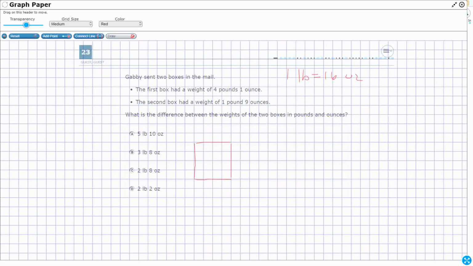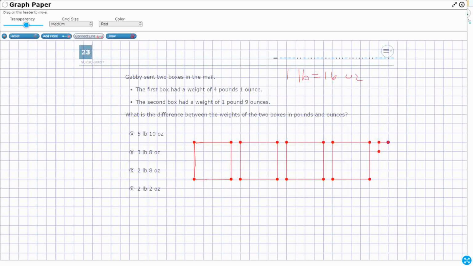All right, so let's use the connect line. Let's make it official. All right, so that's going to be my pound. All right, so let's draw another pound here. And then we'll draw another pound. And what I'm going to do is I'm going to just have all of these, but then I'm going to need to only draw 1 little ounce left over.